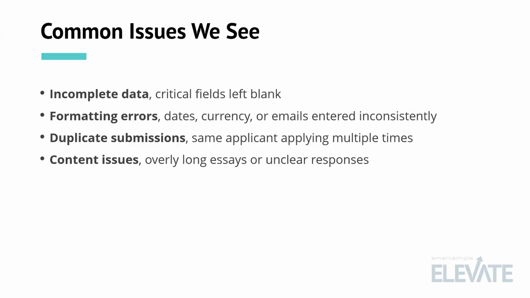So we have duplicate submissions, the same applicant applying multiple times for the same grant from the same call. And again, we're stuck with this, 4 applications coming from John Doe. And then overall content issues. So overly long answers, right? Unclear responses. Each of these just adds friction for both the applicants and the reviewers or staff. The good news is that every one of these can be prevented with simple configuration, which is what we're going to go through today.